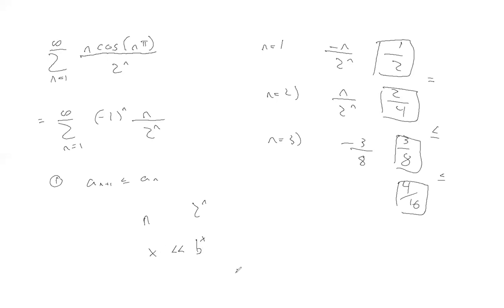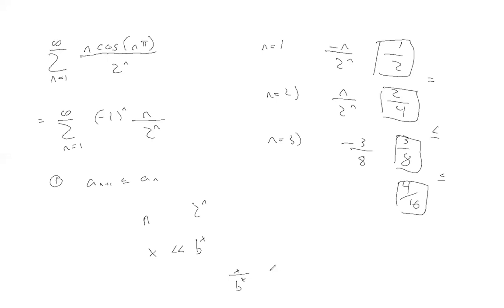So if I had a fraction like this, this fraction is going to go to 0 because this denominator is increasing so much faster than this function on top. So eventually, this b to the x, no matter what b is, as long as b is greater than 1, eventually this is going to get way bigger than this function x.